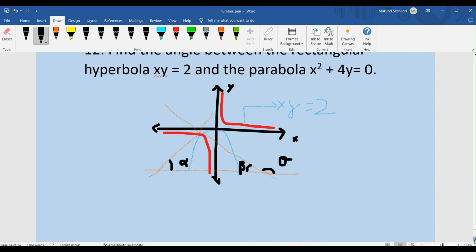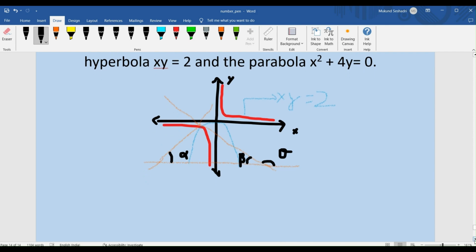Again, I'm drawing your attention to the respective slopes of the tangents to the respective curves. So theta is the slope of the tangent to the curve made by the rectangular hyperbola xy equals 2, indicated by the red portion. And you have the parabola, which is x squared plus 4y equals 0, and alpha is the slope of the tangent to that curve.